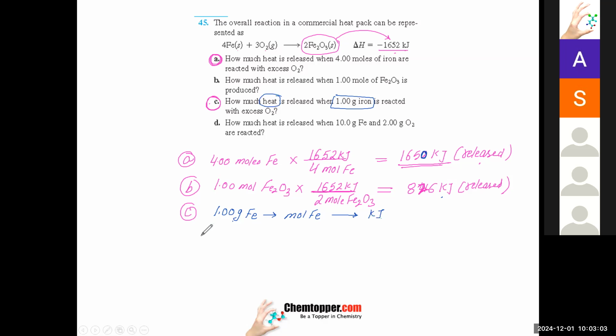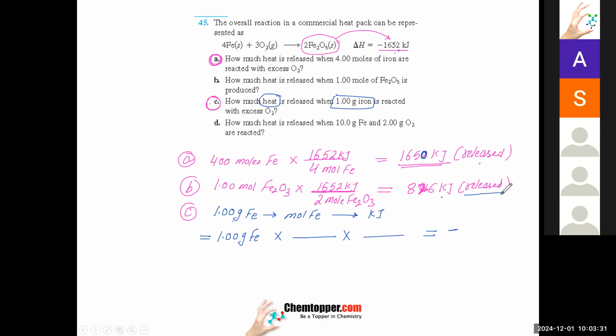Okay. Shriya, Bhavya, let's do it. Sanvi, 1.00 grams of Fe. Plug in the first ratio, plug in the second ratio, and get the answer. If you're using minus, because it's exothermic, then put minus. If you're not using minus, write released. So give me the answer.